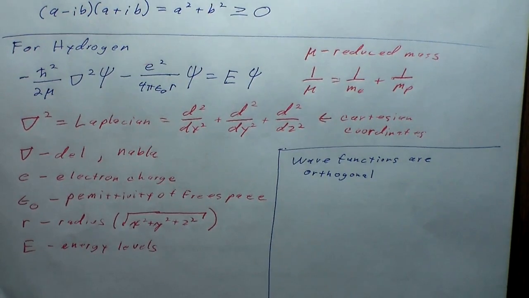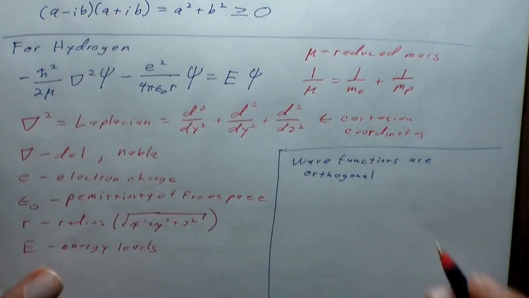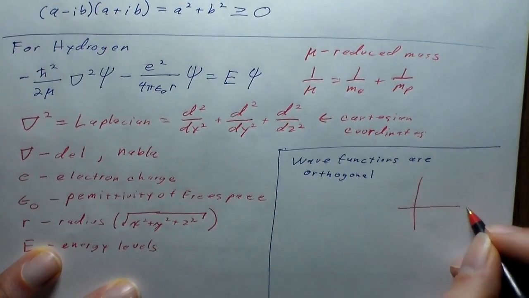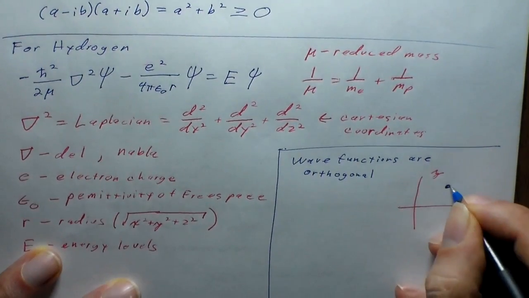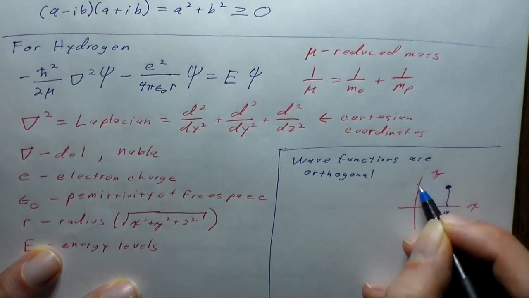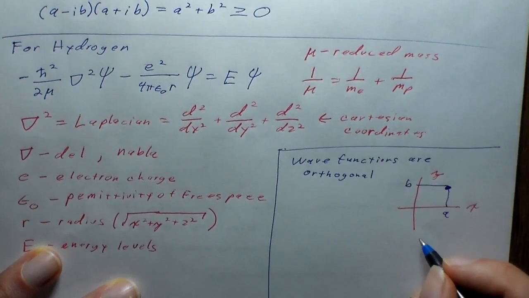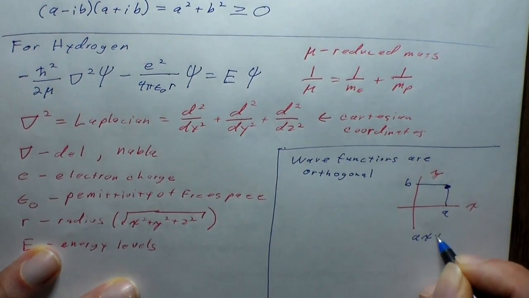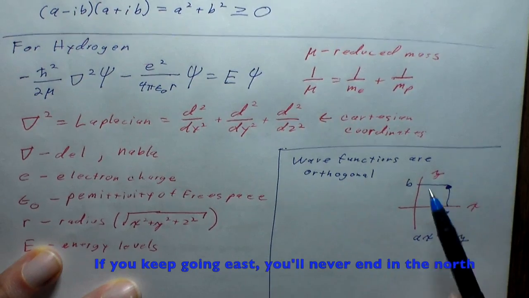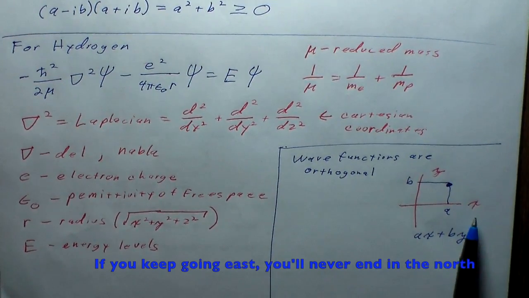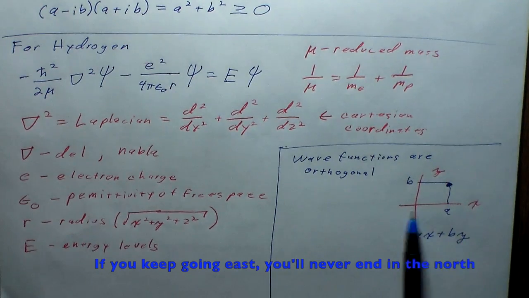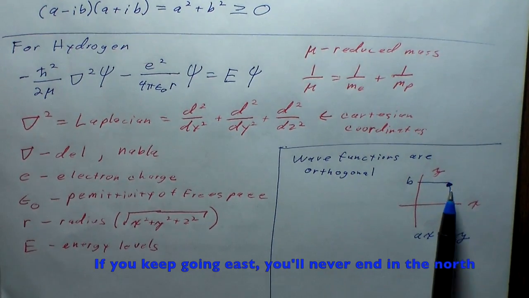So, for instance, if I were to have here a little graph, so here's my x and here's my y. Well, if I were to have a little point right over here at point (a, b), well, this is just going to be ax plus by. Now, x and y are orthogonal to each other, meaning that there's no number I can multiply x by to turn it into y.